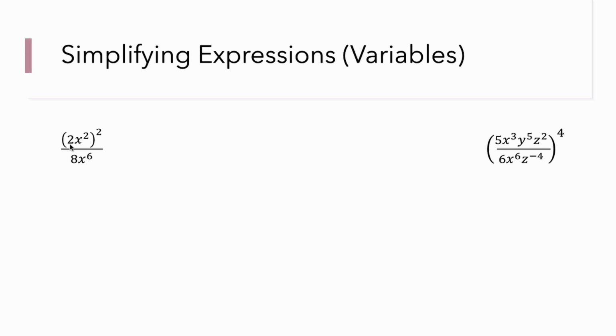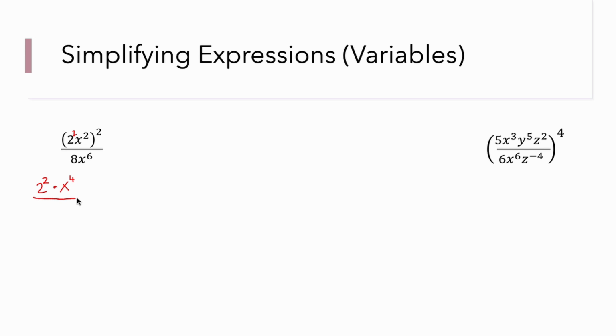So 2 is the same thing as 2 to the power of 1, so there is an invisible 1 there. And 2 to the power of 1 squared, 1 times 2 is equal to 2, so you would get 2 squared. x squared to the power of 2 is 2 times 2 is equal to 4, and we would get x to the power of 4.